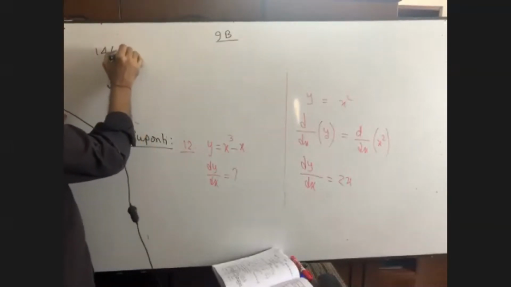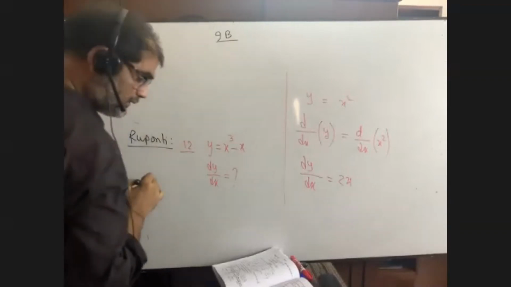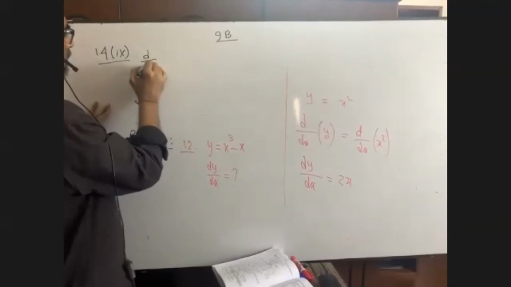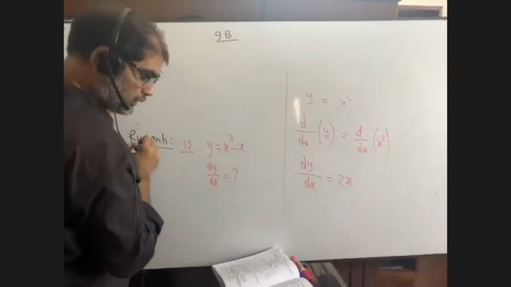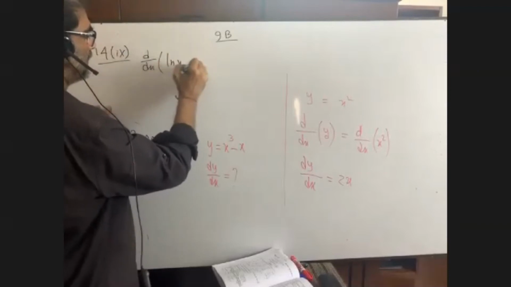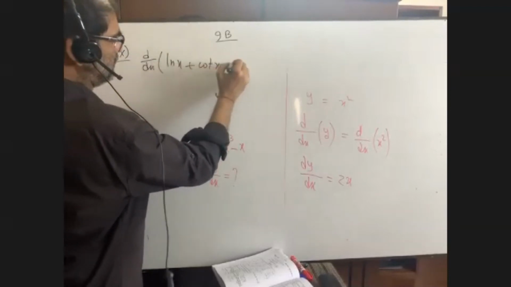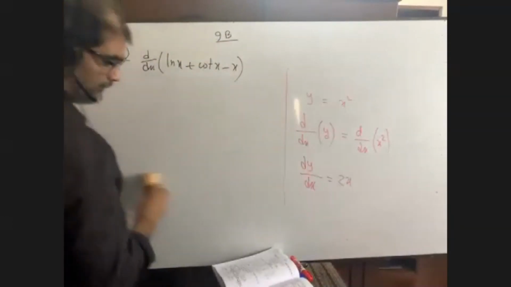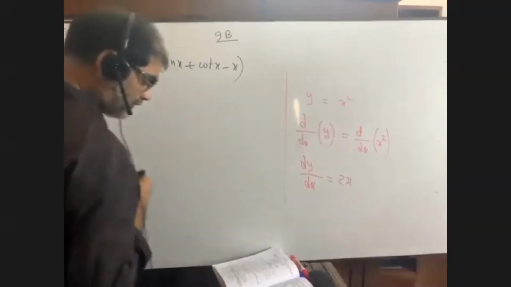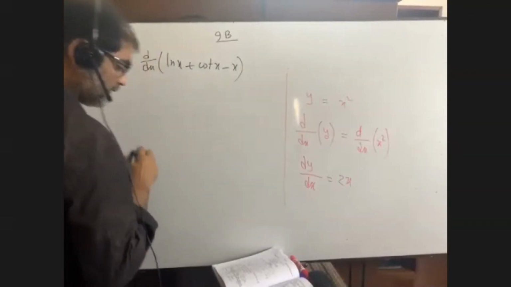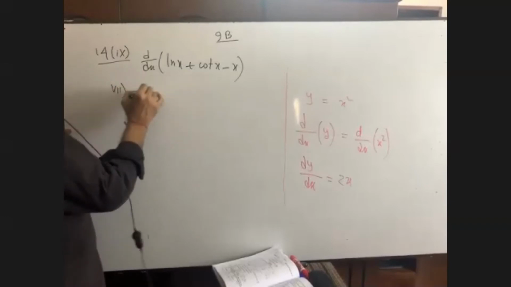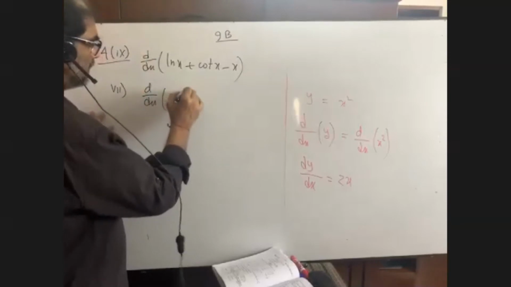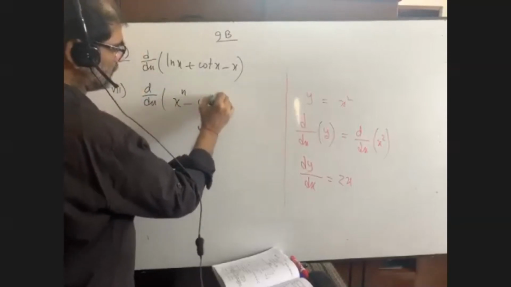You have to write down here d by dx of ln x plus cot x minus x. Write down. Number 7, d by dx of x to the power n minus cosine x.